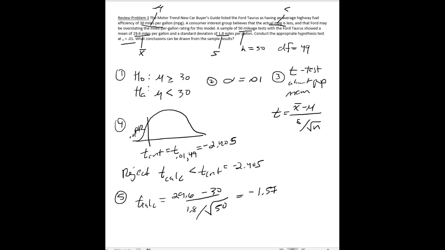And that is not less than our critical value. So 6 is fail to reject because T calc is not less than T crit. That's to say that negative 1.57 is not less than negative 2.405.